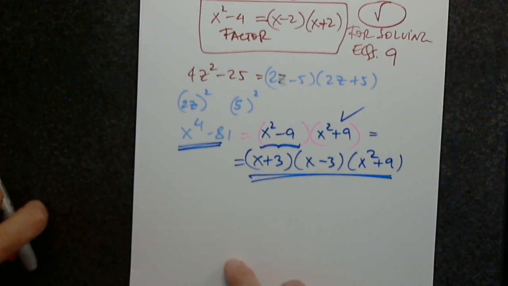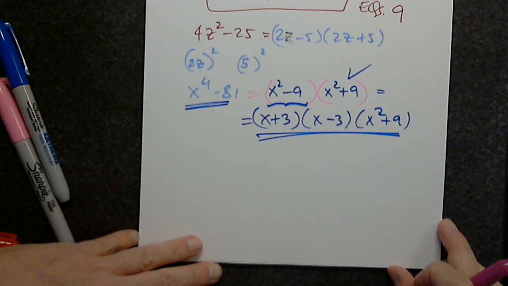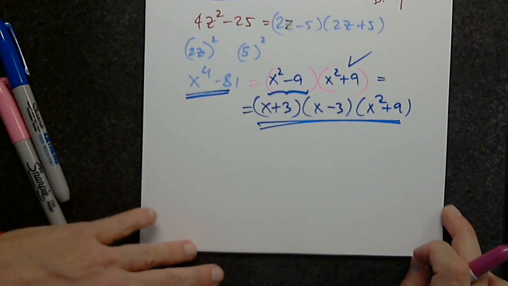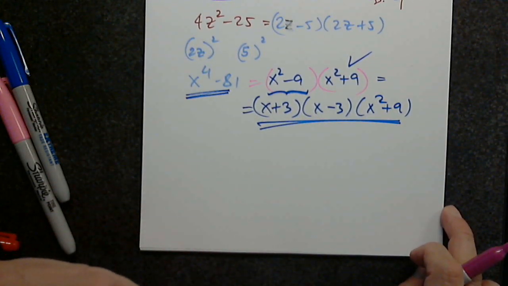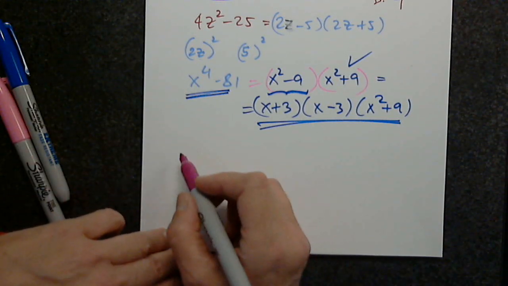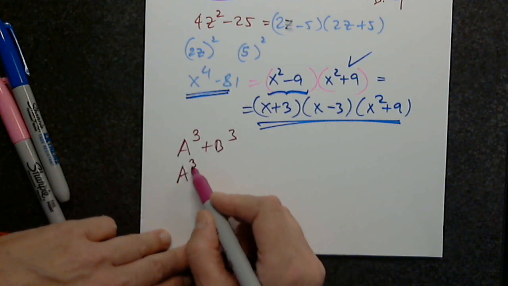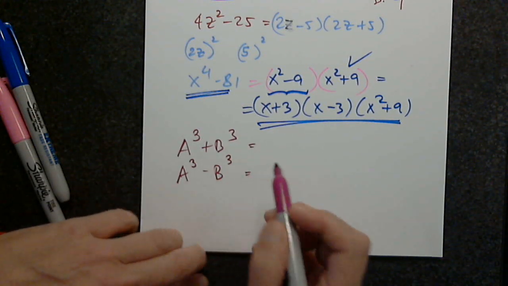Okay, so let's look at the other two special products. They may not be as widely used in this class, but I have to present them to you, so let's do that. The a cubed plus b cubed and the a cubed minus b cubed.